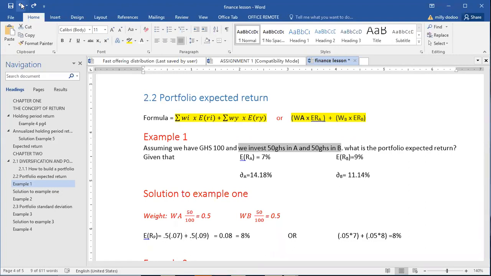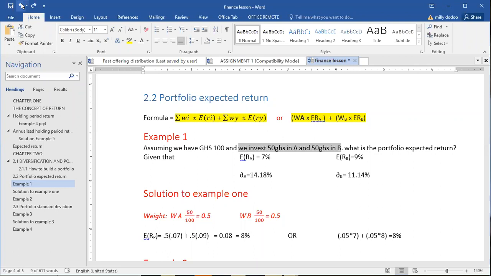If you have been given 5 investments and you have not been given the weights, you assume equal weight for all the 5. If you have been given 10 investments and you have not been given the weight, you assume equal weight for all of them. In percentage terms, the total weight should be equal to 100%.